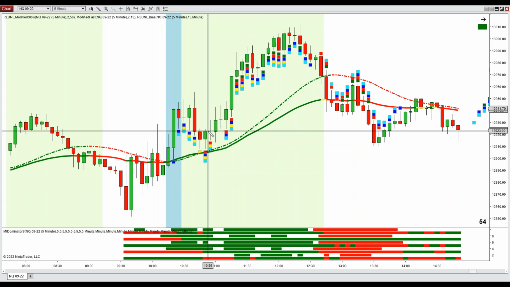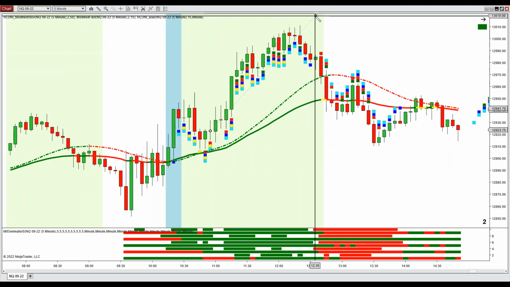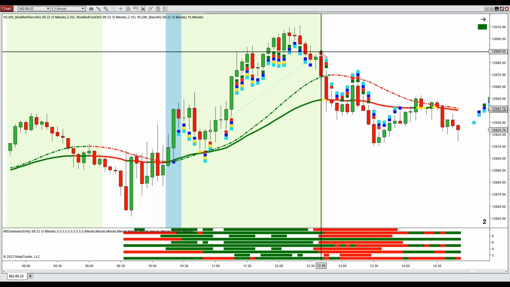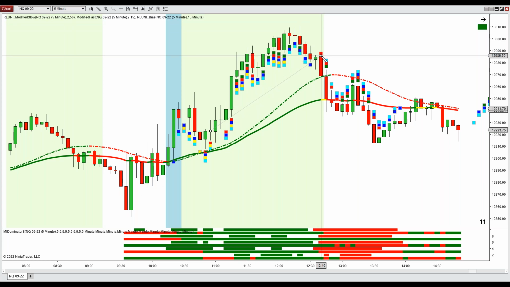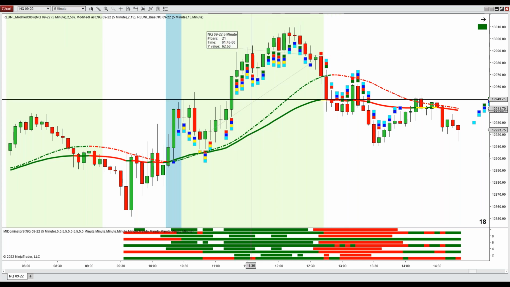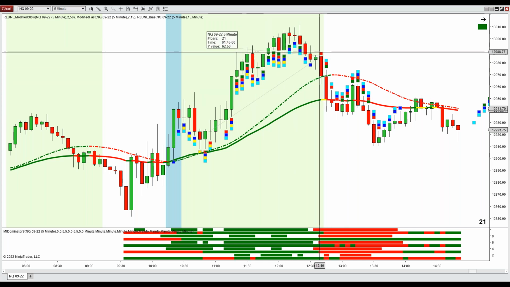But if we got in here and we had no ATM, our exit would be right here. This is where you get a market internal against you. And you would wind up with 62 points. Now it's above the candle. And you are getting out right away.